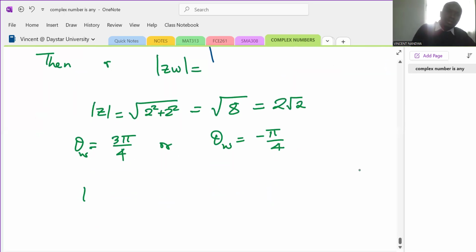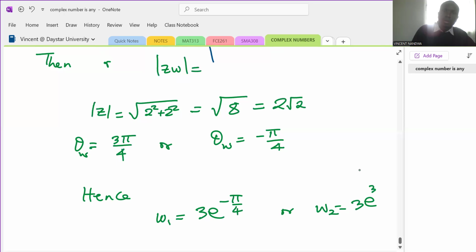So hence, possible values of W are, W is either 3 e raised power minus pi over 4, or W can be 3 e raised power 3 pi over 4, then you have an i here.